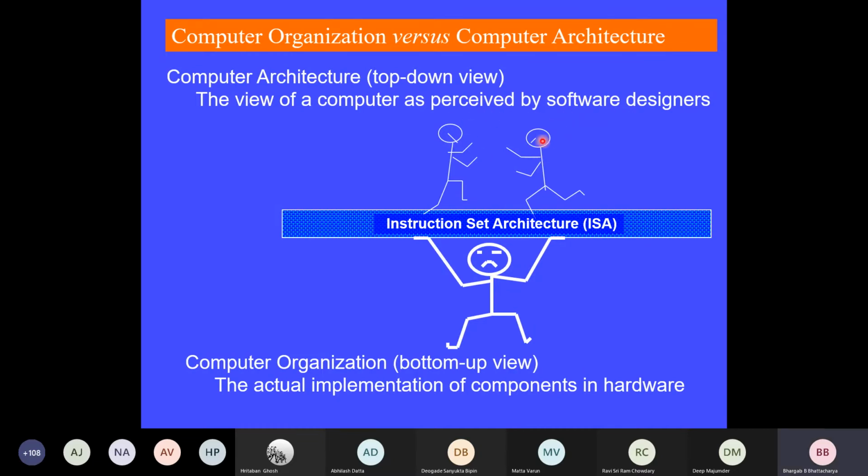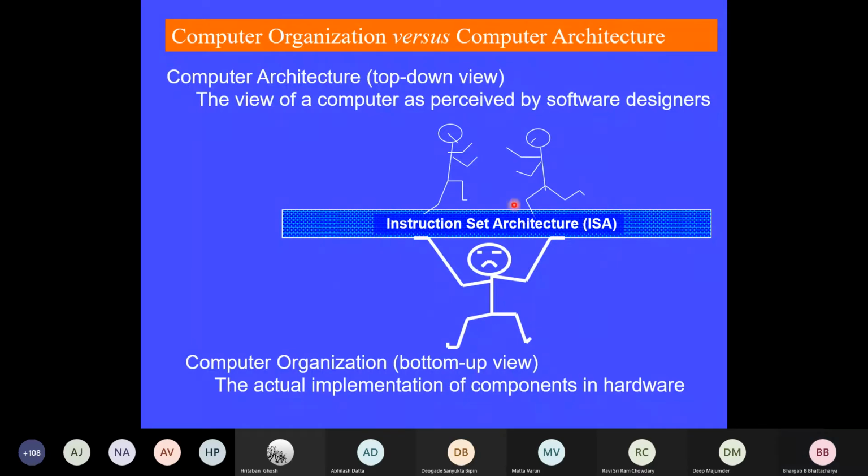As a software designer, when you see this machine, you are not bothered about how many circuits or logic gates there are, what kind of gates there are, or how many flip-flops there are. You need to worry only about the instruction set, because if you know the assembly language of the target machine, you can design your compiler.